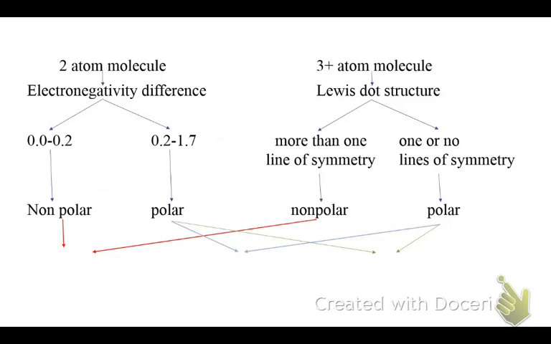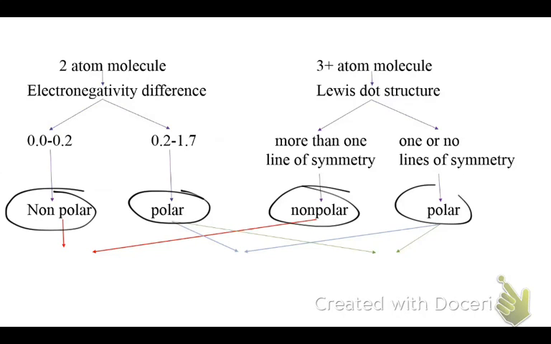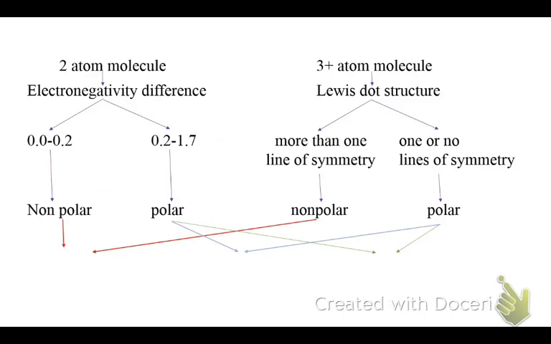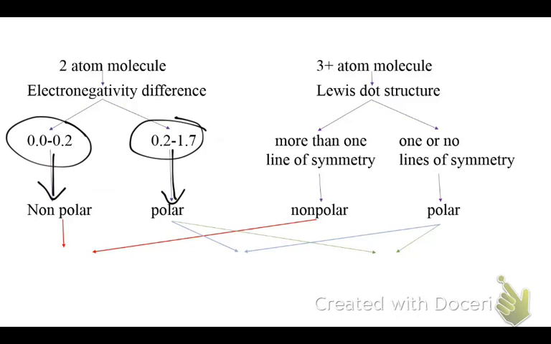The second step is to see whether my molecule is polar or nonpolar, because unless you know that, you can't figure out what kind of bonding it's going to be. If it's between 0 and 0.2, it's going to be nonpolar. If it's between 0.2 and 1.7, your molecule is most likely polar.